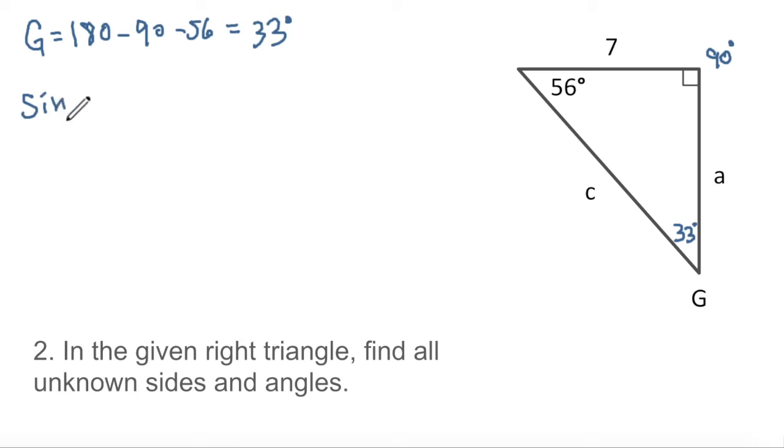Sine of G, what is G? 33. Sine of 33 equals opposite over hypotenuse. Which side is the hypotenuse? Hypotenuse is C, which is opposite the 90-degree angle. So let's see. C is going to go on the bottom here, right? That's the hypotenuse. Opposite over hypotenuse. What's opposite angle G? 7.